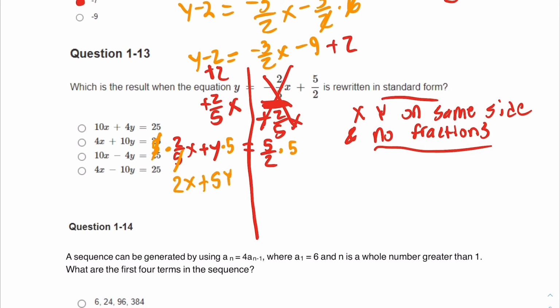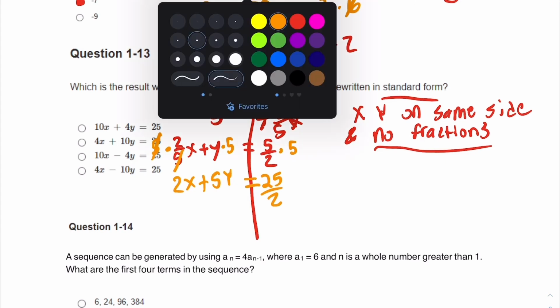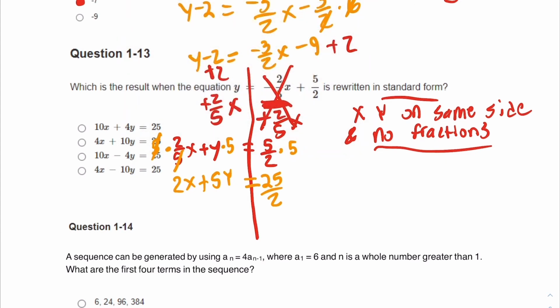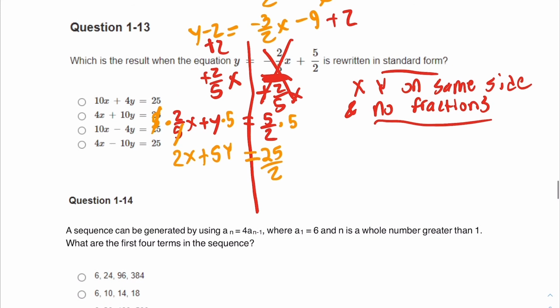And then when you multiply this fraction, you're going to do top times top to get 25 over 2. If you look at the answer choices, this is none of the answer choices. So that means we need to go ahead and get rid of the last fraction. The last fraction is dividing by 2, so we're going to multiply everything by 2.